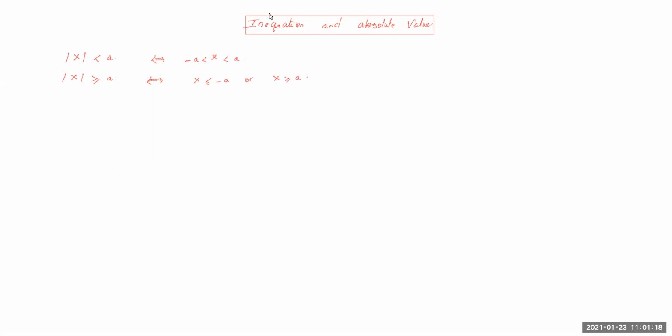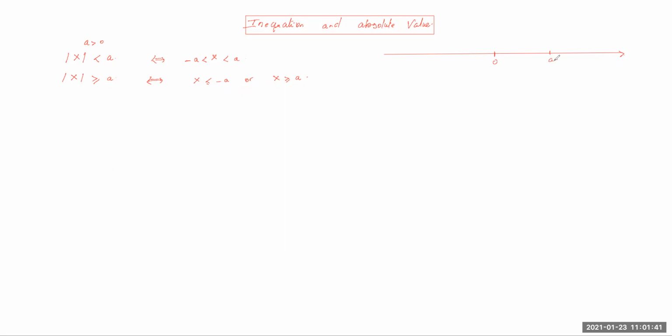Let's visualize this using a line. Of course, here we assume that our constant A is strictly positive. So here is 0 and A is here.